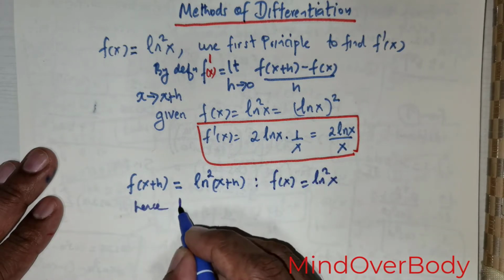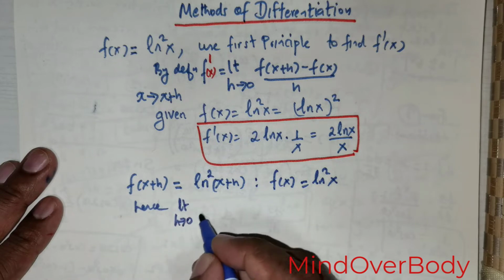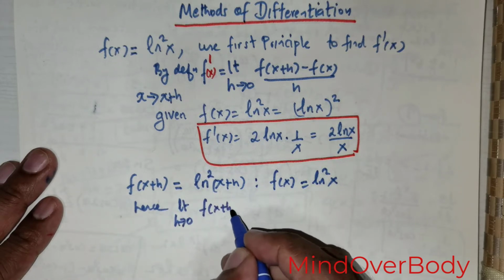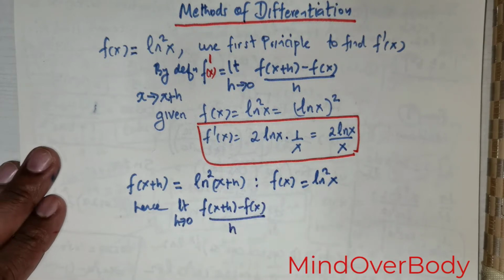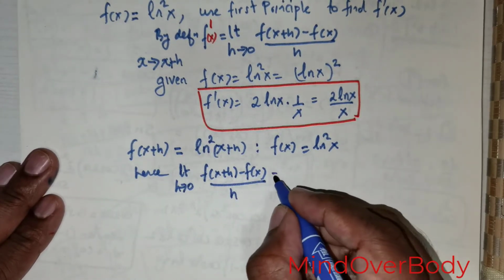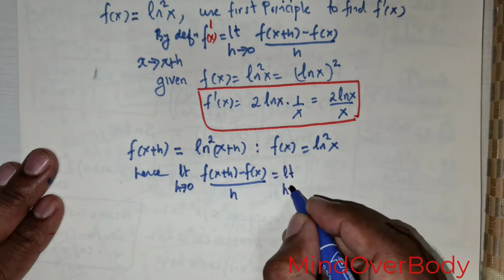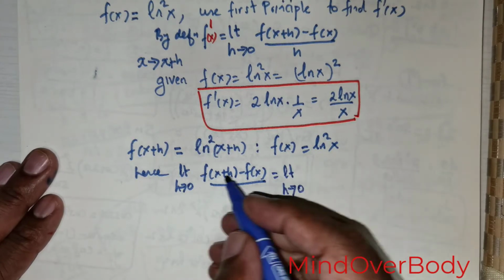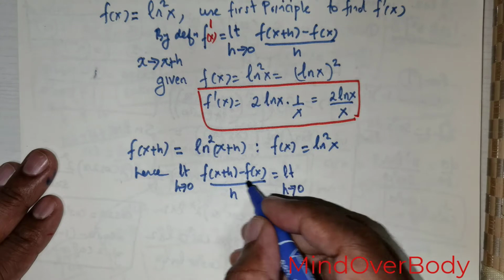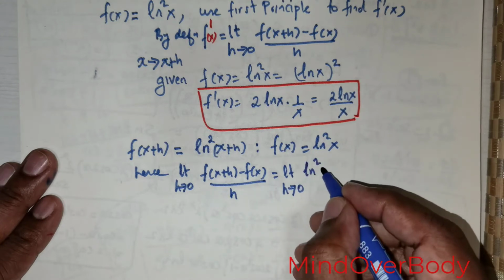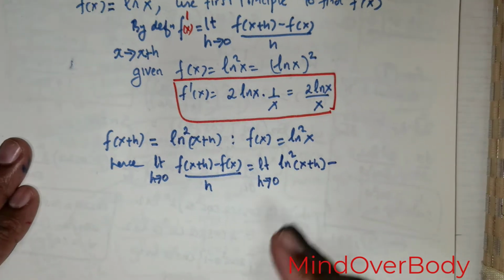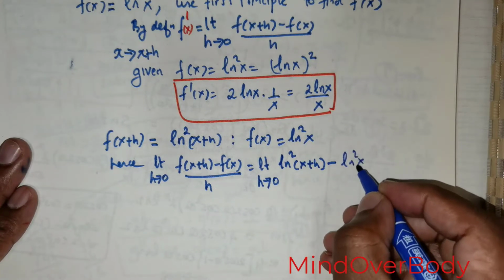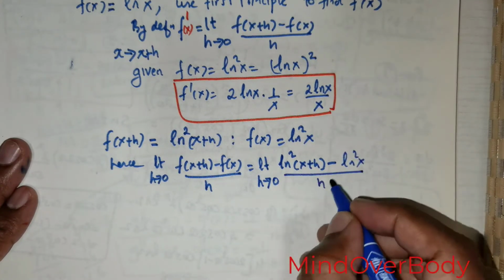So hence limit h tending to 0 of f of x plus h minus f of x divided by h can be rewritten as limit h tending to 0. In place of f of x plus h I am going to substitute ln squared of x plus h, and in place of f of x it is going to be ln squared of x, divided by h.